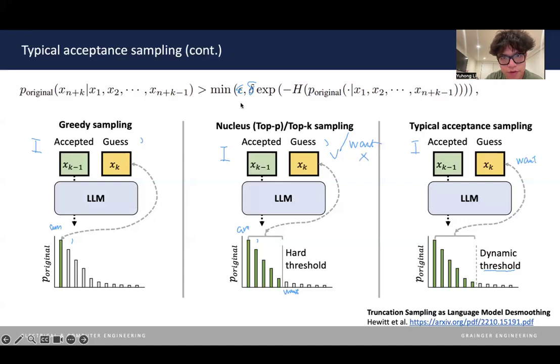You have this epsilon and this delta, right? So yeah, just like dynamic thresholds, and we try to accept more tokens while the quality doesn't drop by a lot. So basically the same thing.